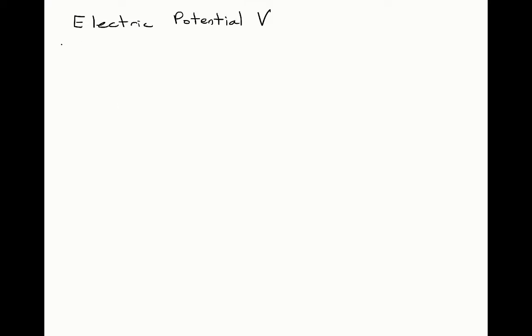So if we're looking at potential in one dimension, we could say that the electric field is minus the spatial derivative of the potential. If we want to find the potential from the electric field, we would take the integral of the electric field.